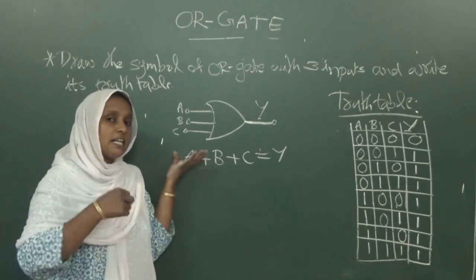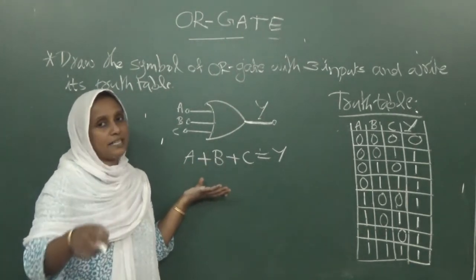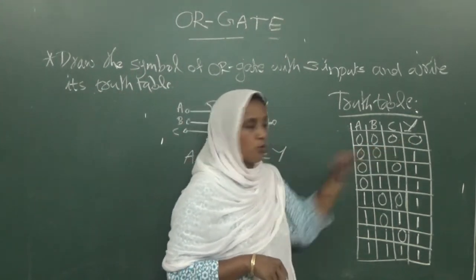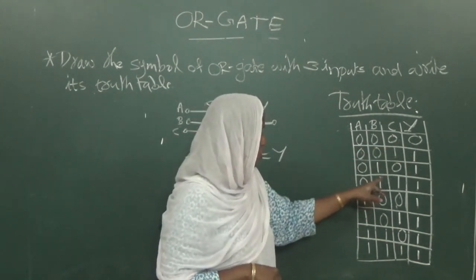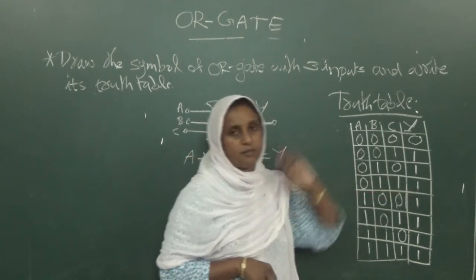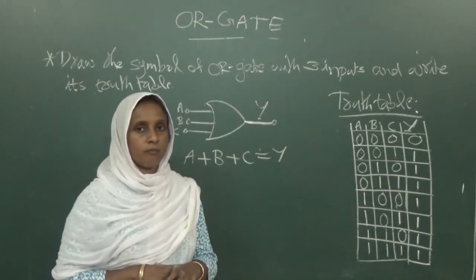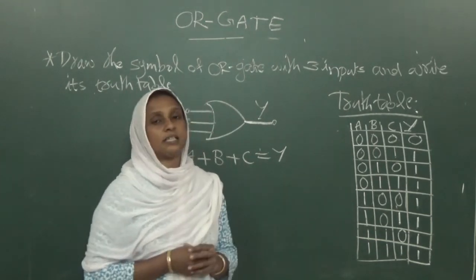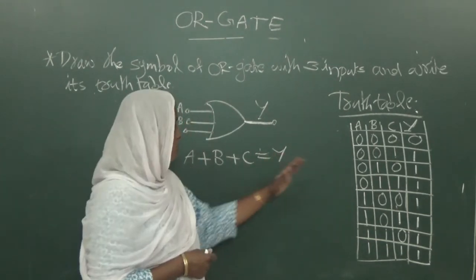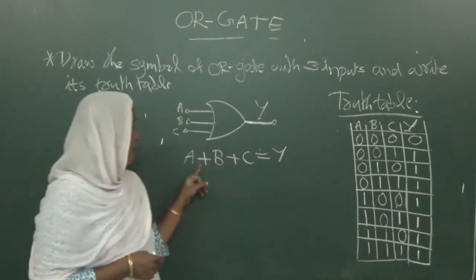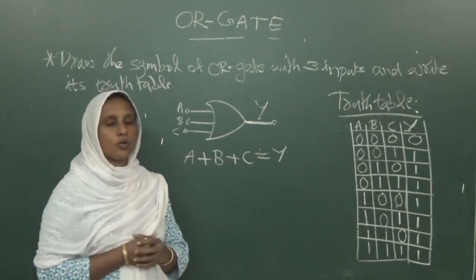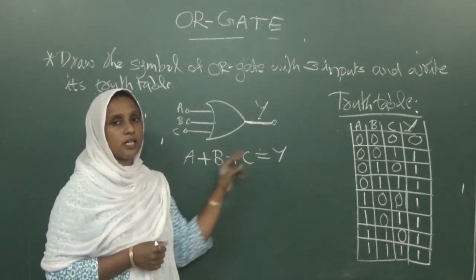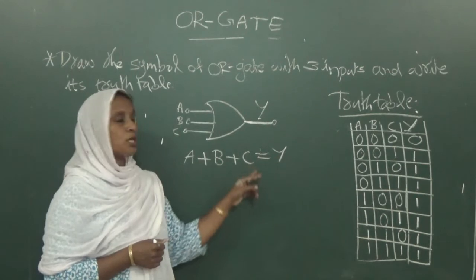This is completely different from binary addition. Since 0 or 0 or 0 is 0. Here also you can see that 0 or 1 equal to 1. This is logic, not binary arithmetic. So in this case of logic, this plus symbol represents OR gate. A plus B plus C equal to Y means A or B or C equal to Y.